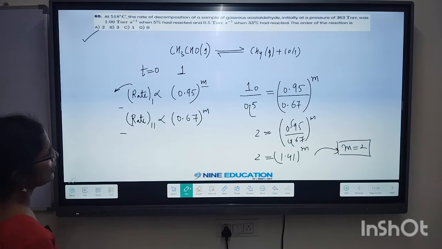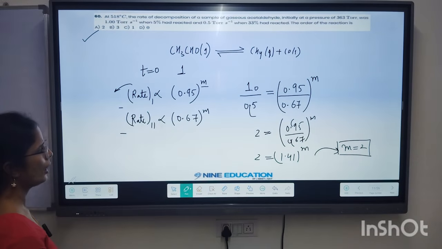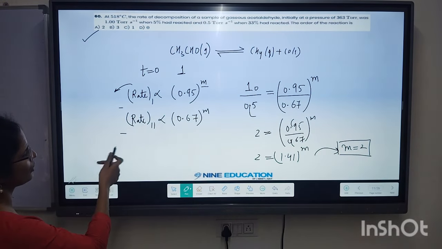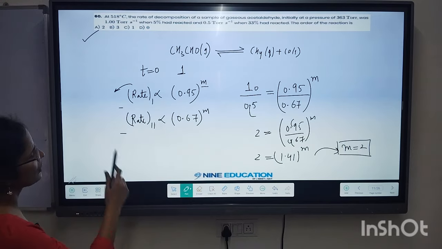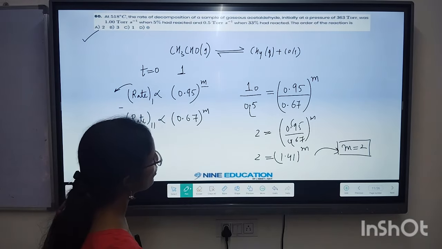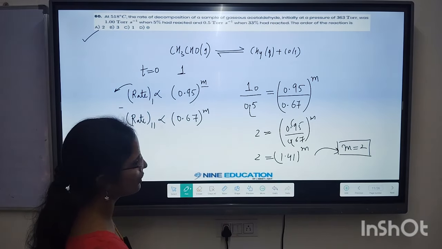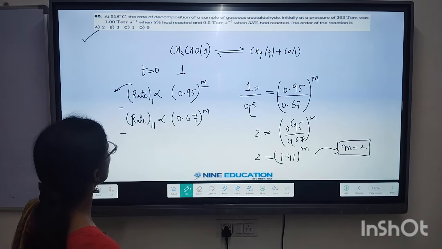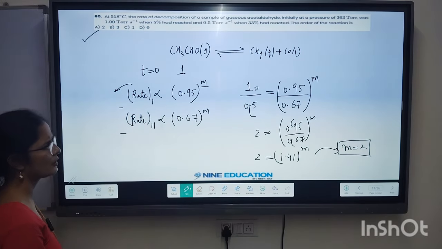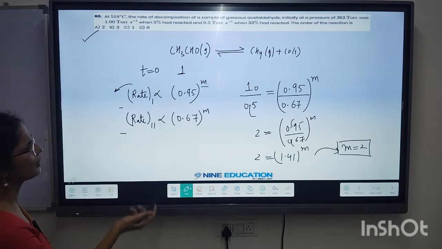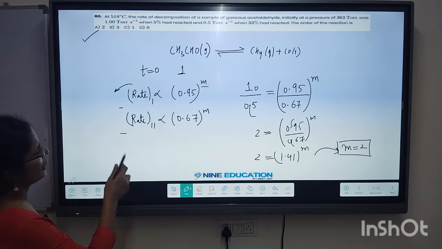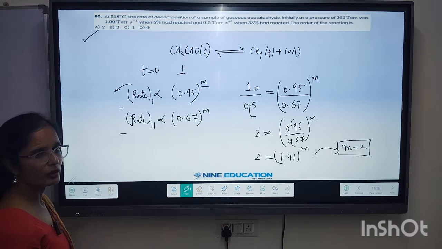In the second case 67% is there. So rate will be directly proportional to that amount. We write the 2 relations, and when we divide rate 1 by rate 2, we get 2 equal to 1.41 raised to power m, and m comes to 2. So A would be the correct answer. You can start with 1 mole and write the expression more conveniently.